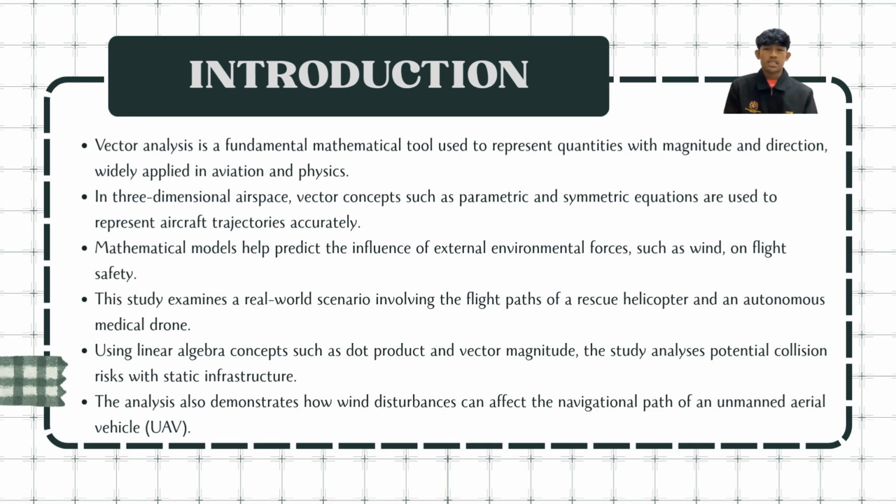Using vector calculation such as dot product and vector magnitude, we can determine possible collision risks and analyze how wind affects the flight path of the drones. This shows how mathematics plays a very important role in ensuring safe and efficient navigation.